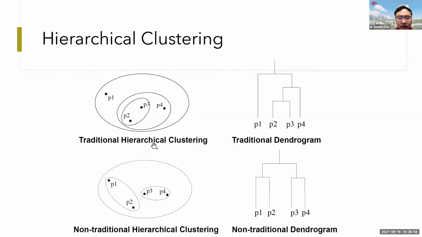The traditional hierarchical clustering is nested. There's also non-traditional hierarchical clustering, which, although it is nested, is not strictly nested. That means some of the inside clusters are divided. So this is also a non-traditional dendrogram.